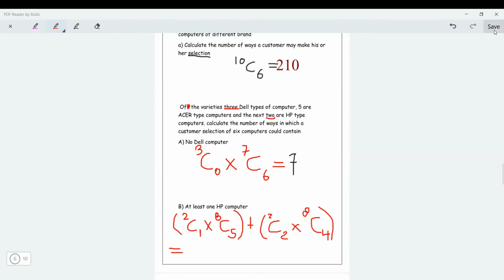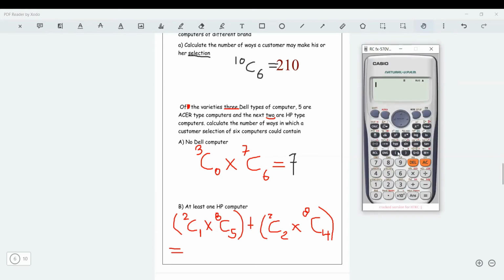So we work this out, and let's go to our calculator. 2 choose 1, multiplied by 8 choose 5.